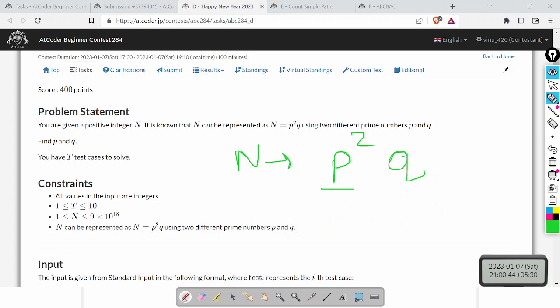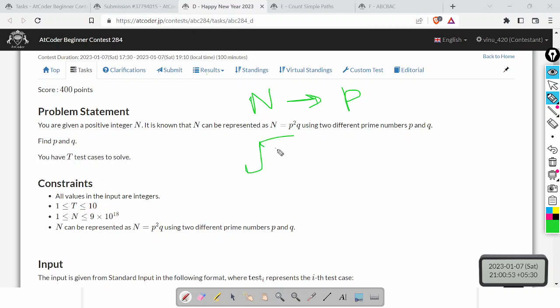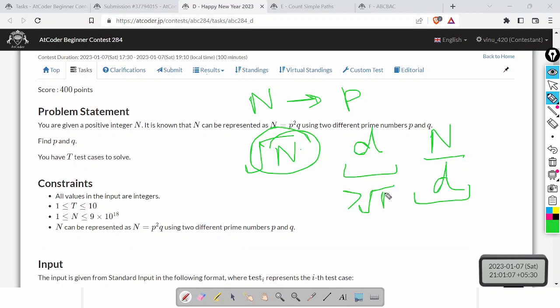If we want to find all the prime numbers that divide a number, we can simply iterate only up to square root of n, because if d is a divisor of n, then the other divisor is n by d. These two values cannot both be greater than root n. If both of them were greater than root n, the product would exceed n, but the product should be equal to n. So we can iterate up to root n and find the other divisor.